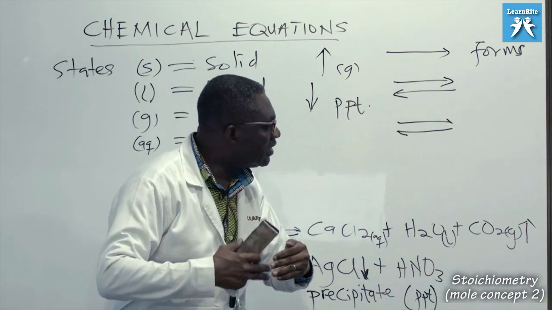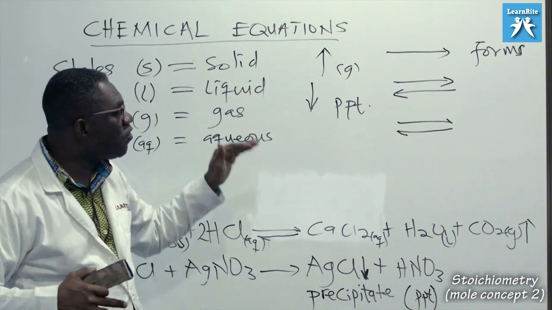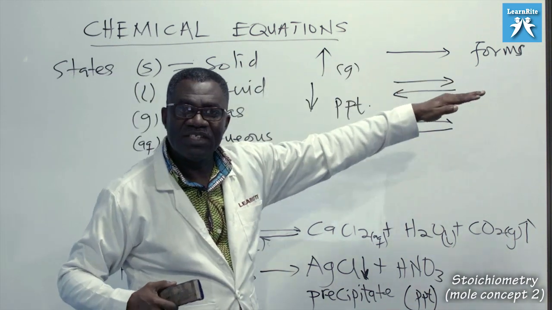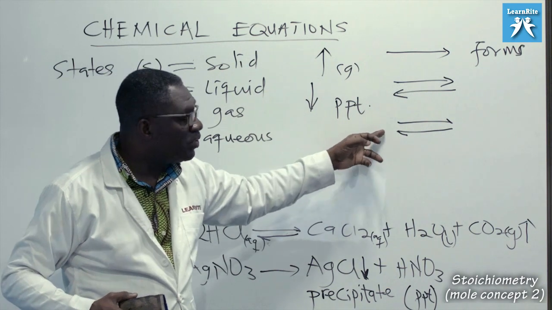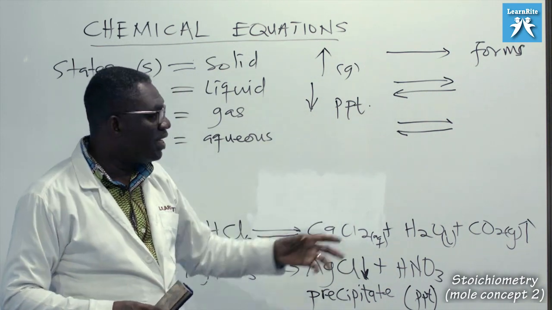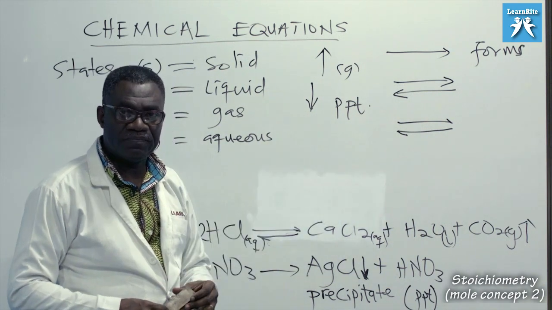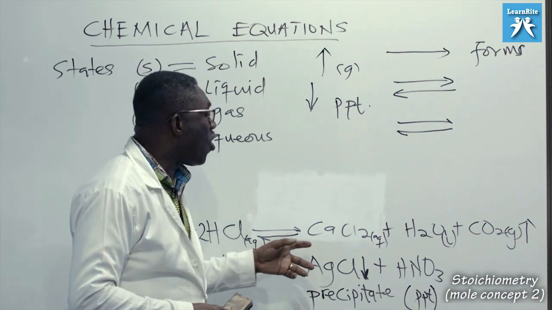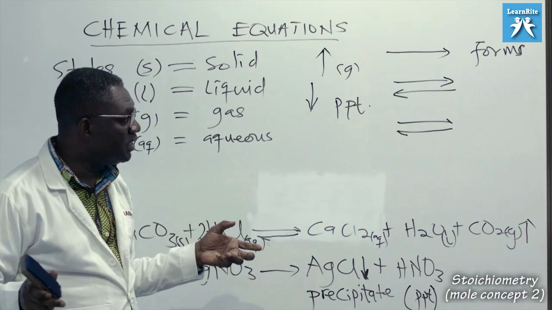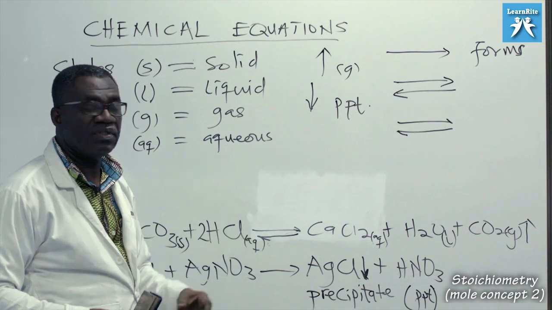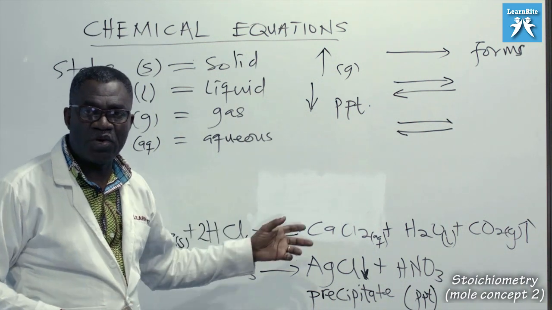But as long as that point is reached where the rate of the forward reaction is equal to the rate of the backward reaction, then we say the equation is an equilibrium, and that is the symbol that we use. For most reversible reactions, a time comes that you have an equilibrium reaction.